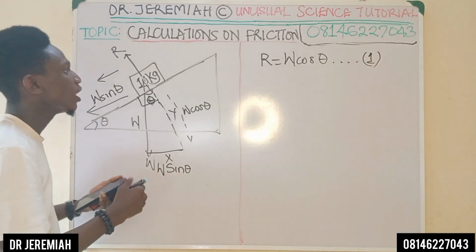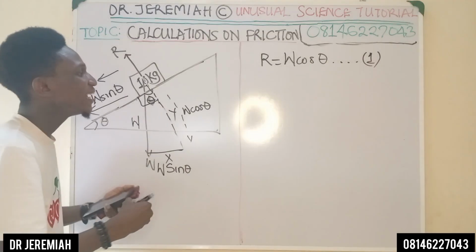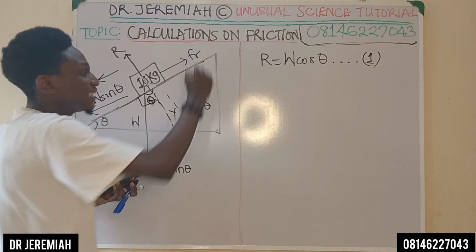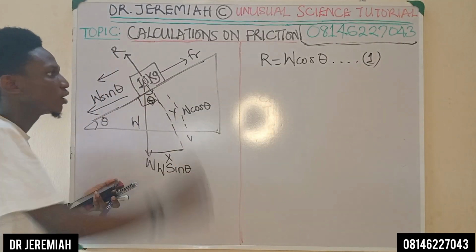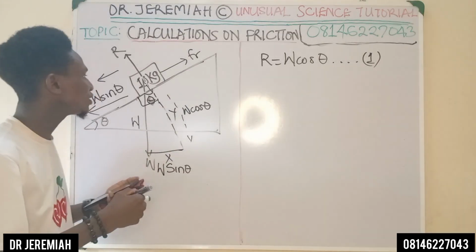Yeah, we'll solve some questions. Now, if the proposed motion is downwards, what does that tell you? It tells you that frictional force is upwards. I said this at the beginning of this video. Please go back. Friction opposes relative motion. So frictional force is upward. So what does that tell you?